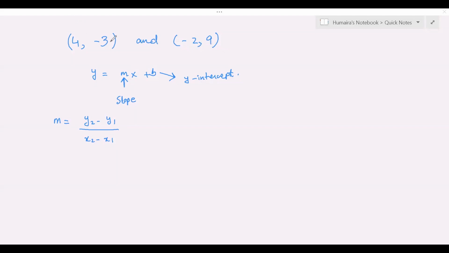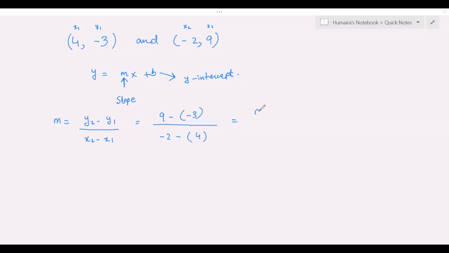You can see the first ordered pair is representing the values of x1 and y1, and this ordered pair is representing the values of x2 and y2. Now we will just put the values into their places and we will have the slope. y2 is 9 minus y1 which is minus 3, over x2 which is minus 2 minus x1 which is 4.